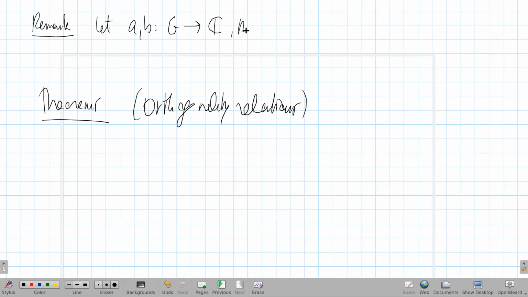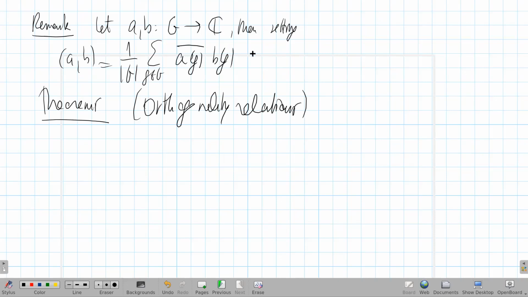Then, if you set, let's call it AB, this is not a pair, it's an average, this time it's really an average, of A(G) times the conjugate of B(G), this yields an inner product on the space of these functions.